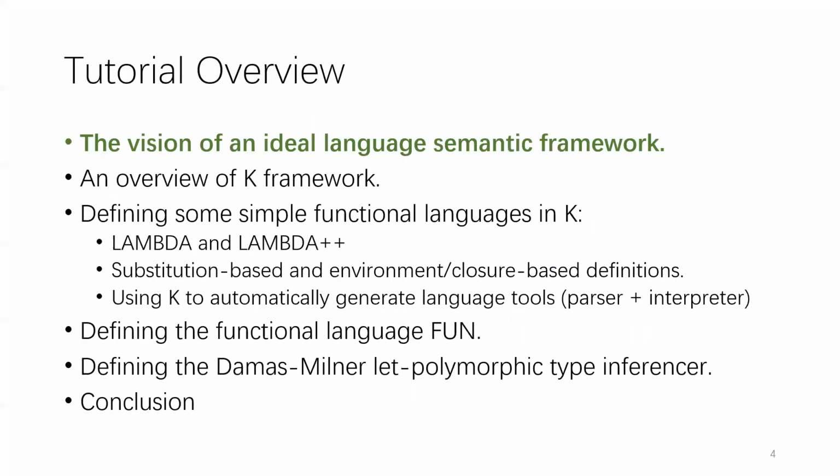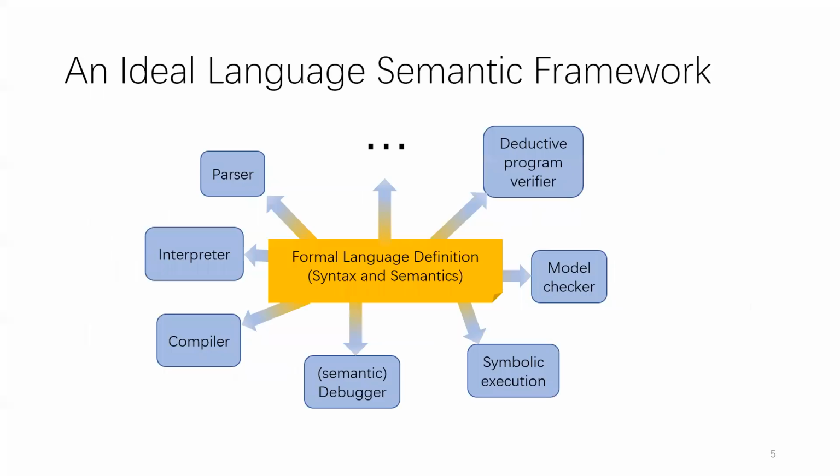All right, so now let's start with the first item, which is the vision of an ideal language semantic framework. So we often use this picture to illustrate the ideal framework. In the center, the yellow part represents the formal definition of any programming language, including its syntax and semantics.